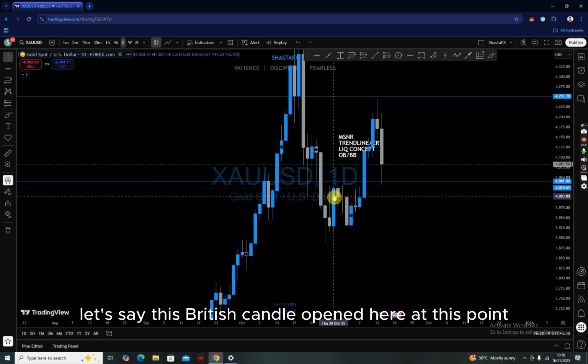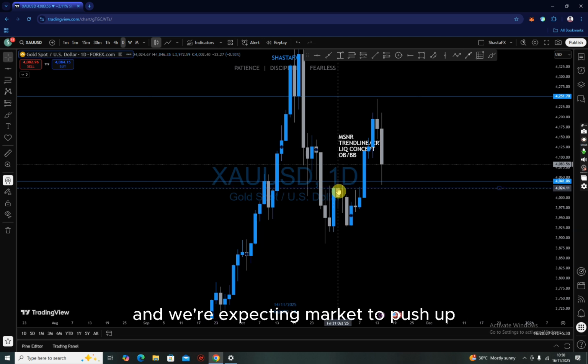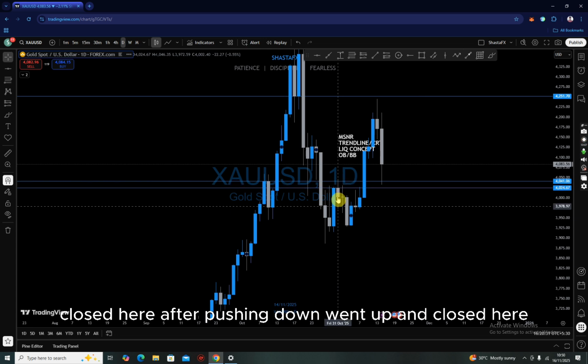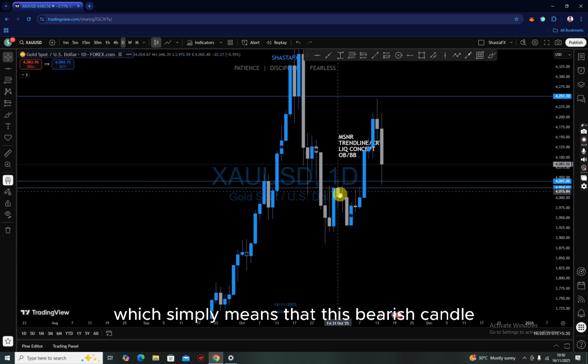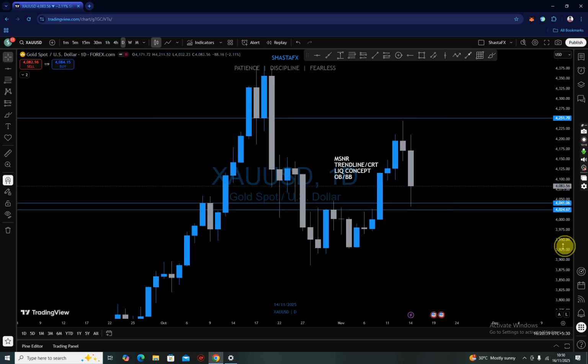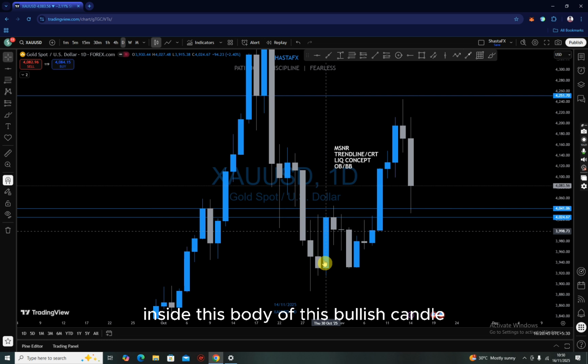Let's say this bullish candle opened here at this point, closed at this point, and we're expecting market to push up. All of a sudden, market pushed down, closed here. After pushing down, went up and closed here. This simply means that this bearish candle, let me zoom in so that we can see it clearly, has closed inside the body of this bullish candle.